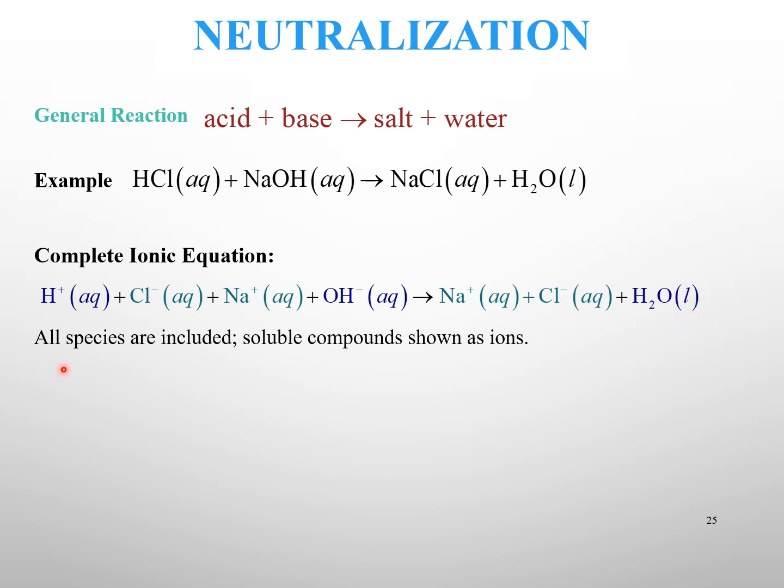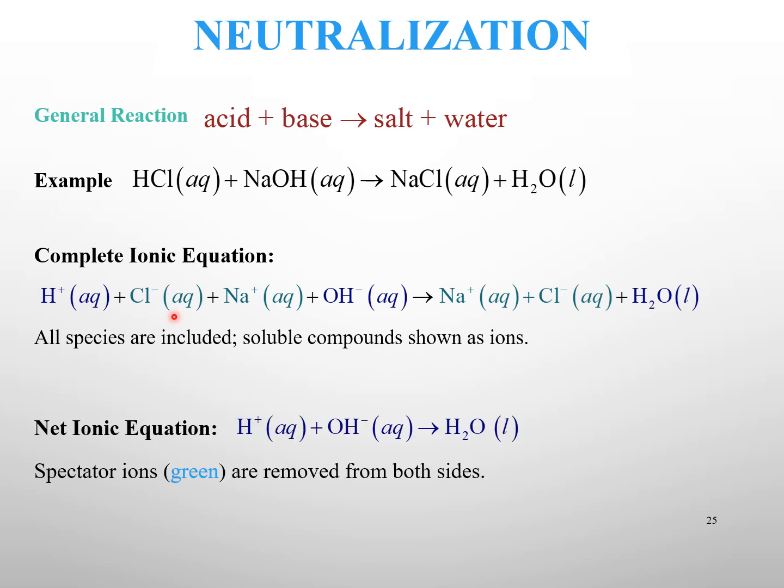Everybody is included. All of them that are soluble are shown as ions. Now, when you remove the green ones here, these are called spectator ions because they didn't change from the reactant to the product side. If you remove Na and Cl, you get H plus plus OH minus equals H2O, which is the net ionic equation for all neutralization reactions.